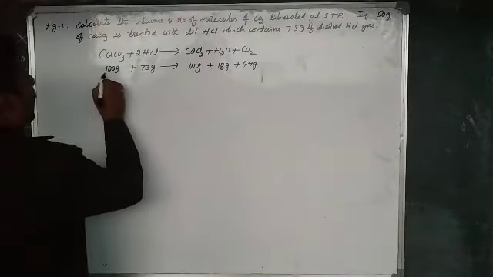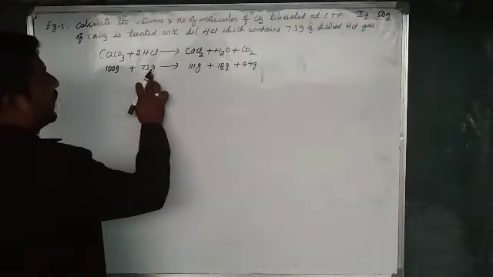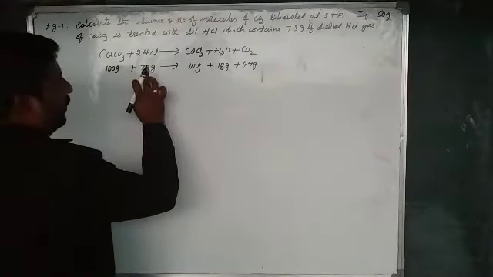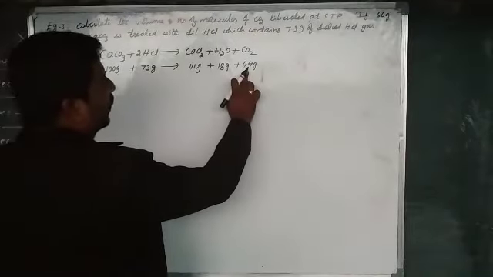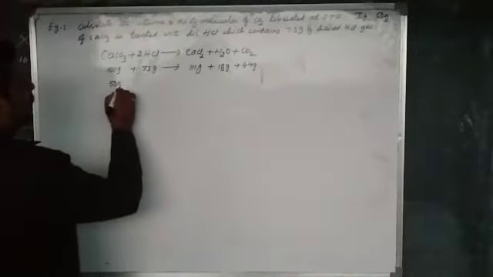That means 100 grams of calcium carbonate reacts with 73 grams of HCl, gives 44 grams of carbon dioxide. But in our question, 50 grams of calcium carbonate is given.